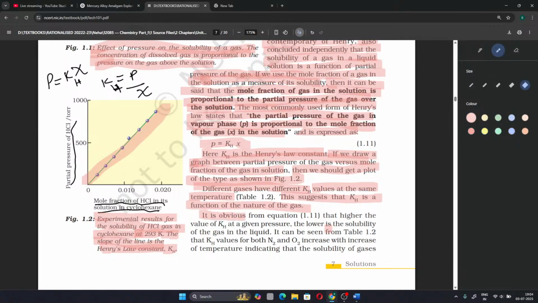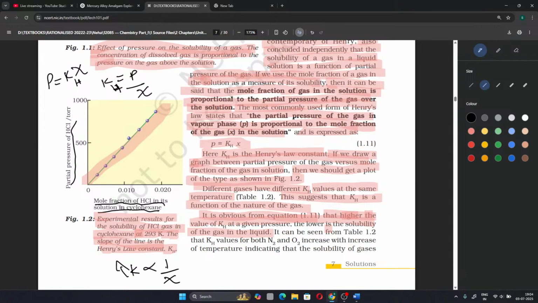It is obvious from equation 1.11, P equals KH chi, that the higher the value of KH at a given temperature, at a given pressure, the lower the solubility of the gas in the liquid. KH is inversely proportional to mole fraction.